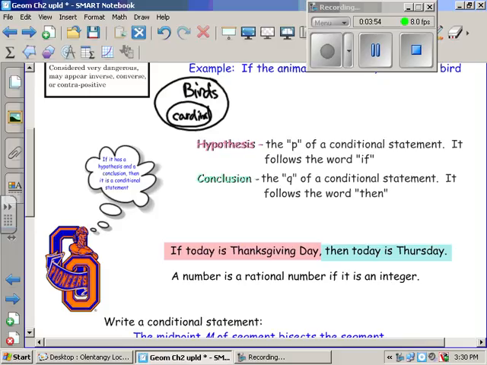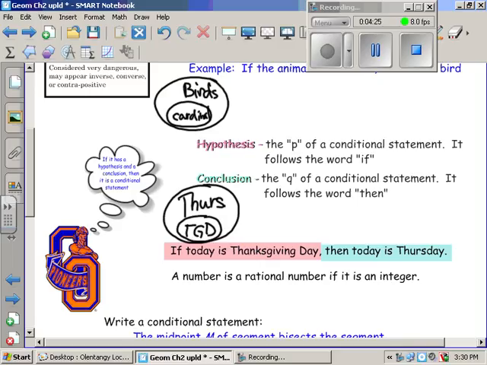Right, exactly. If today is Thanksgiving Day, so that's the hypothesis, then today is Thursday. All right, and if we're going to write the Venn diagram of that, it would be if today is Thanksgiving Day, so Thanksgiving Day would go in the smaller subset circle, and then today is Thursday, that would go up here.